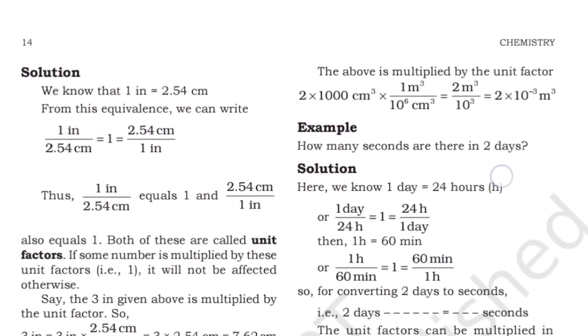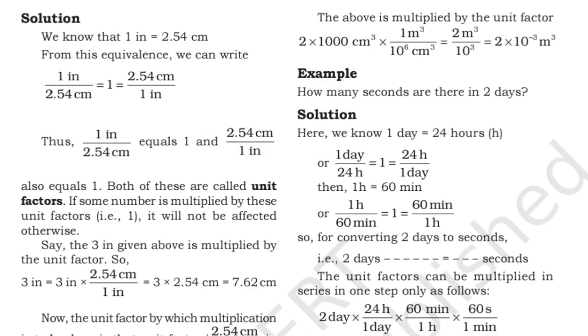Solution. We know that 1 inch is equal to 2.54 centimeter. From this equivalence, we can write 1 inch / 2.54 centimeter is equal to 1, which is equal to 2.54 centimeter / 1 inch. Both of these are called unit factors.